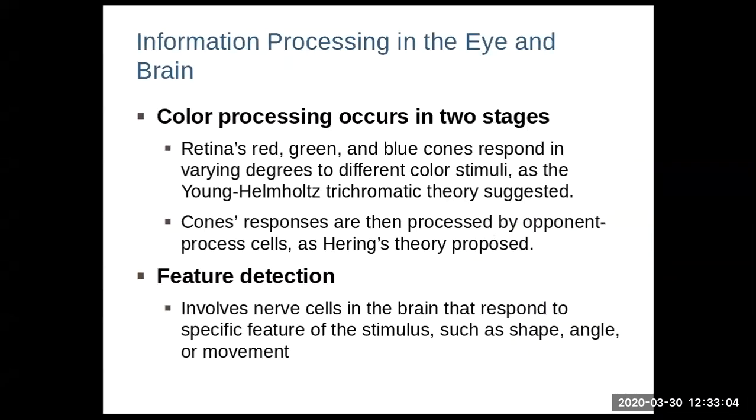Now, we talked about black and white and we talked about color. There were two theories of how color is processed. One theory is called the Young-Helmholtz trichromatic theory. Young and Helmholtz were two researchers that noticed, and we found that the retina has 3 types of cones. It has a red cone, a green cone, and a blue cone.